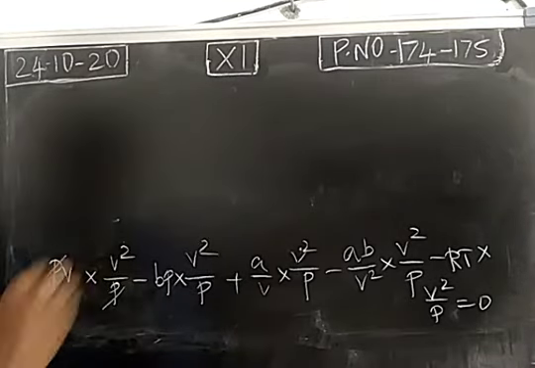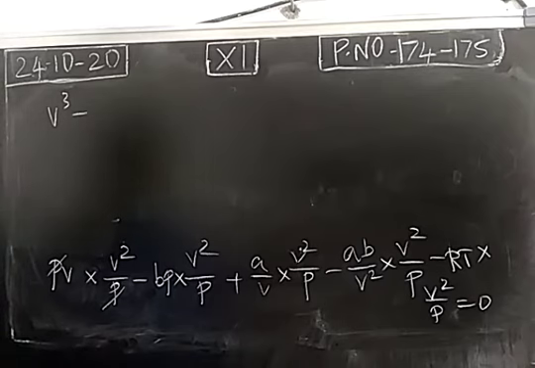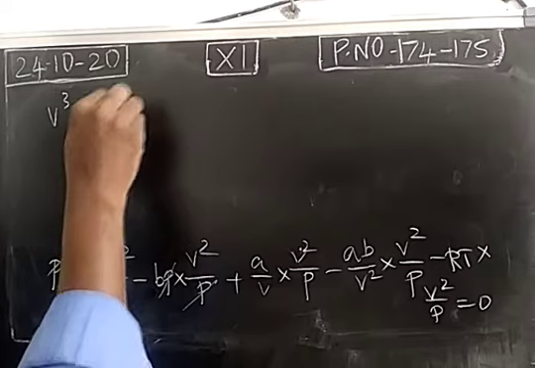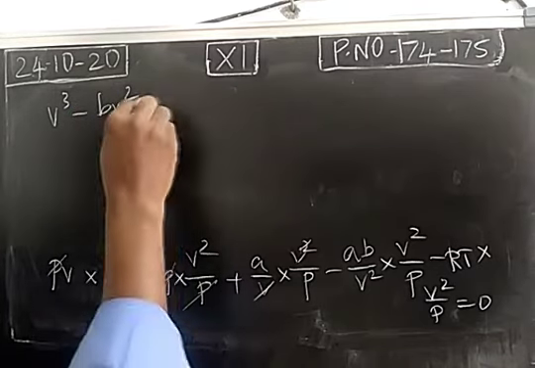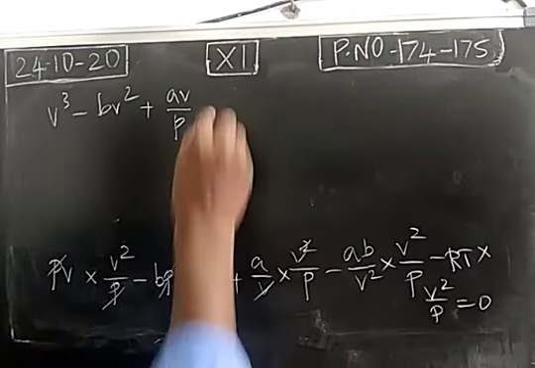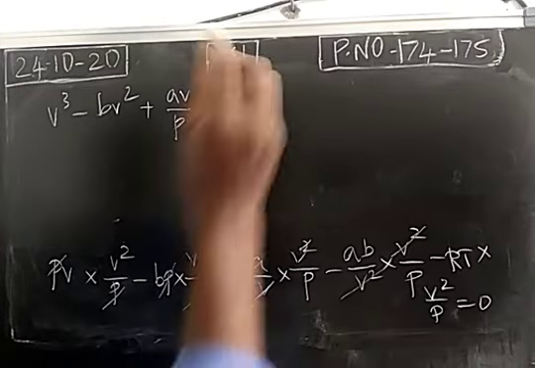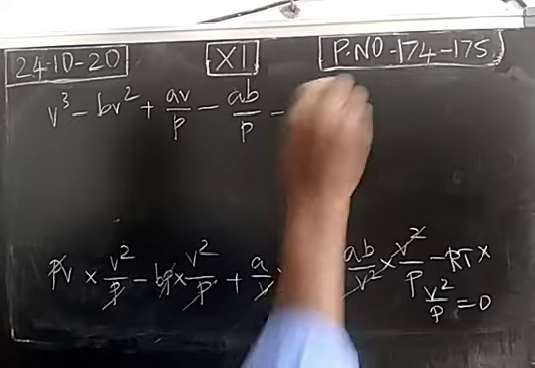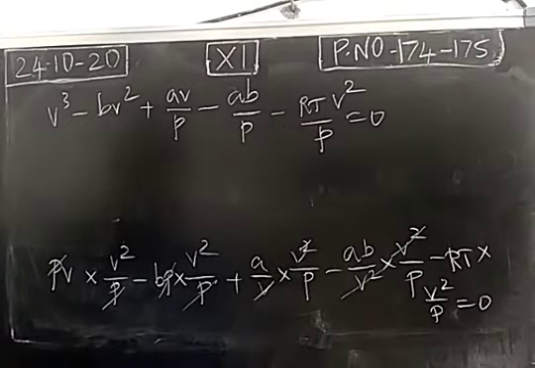So pressure will be cancelled: V cube minus, here also pressure will be cancelled, bV squared. Plus aV by P, minus ab by P, minus RT V squared by P is equal to 0.